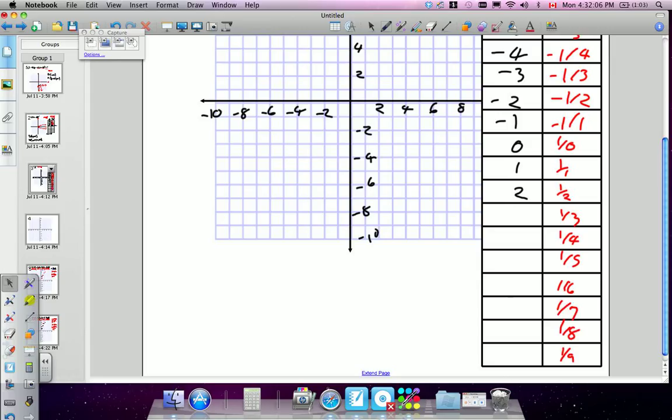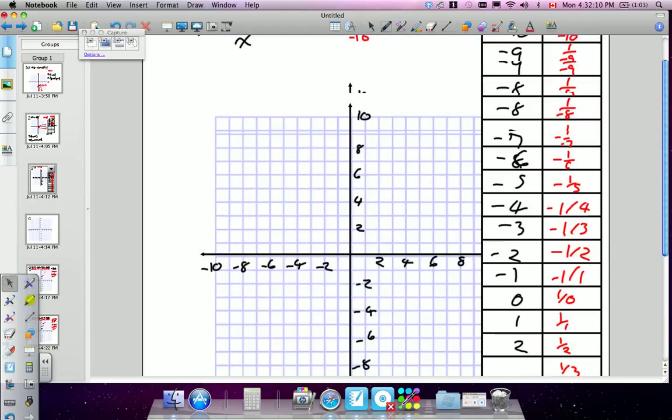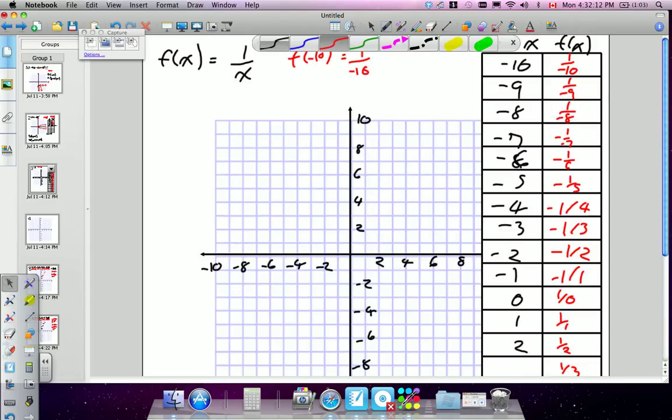The whole point of this is that when I go to plot these, you're going to see what happens here. When x is -10 and I'm down here, my y value is -1/10. Well, -1/10 is just here. It's almost on the line, but it's not.